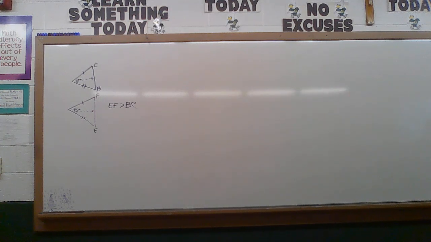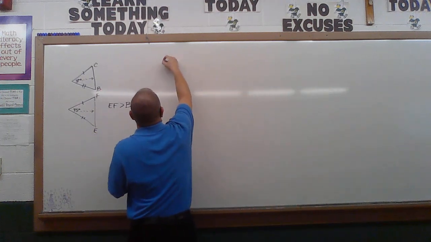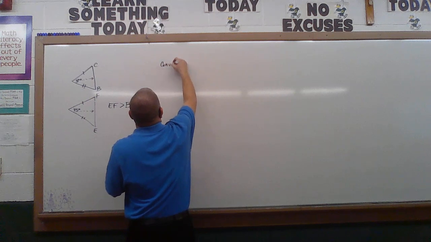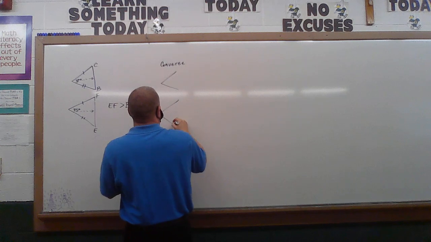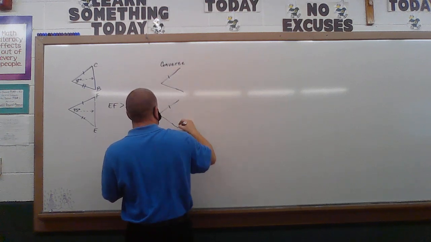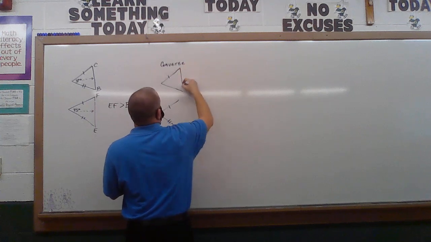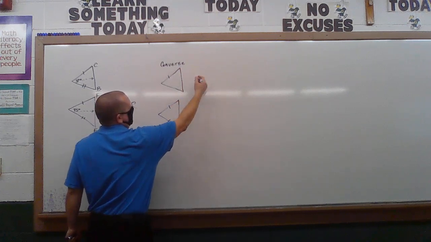So basically, this is saying if two sides in one triangle are congruent to two sides of another triangle and the third side of the triangle, so now they're basically saying just the opposite. So the converse of this is the same concept, that those two things are still congruent to each other. But instead of giving the angles, then they're going to give you the lengths of the sides.